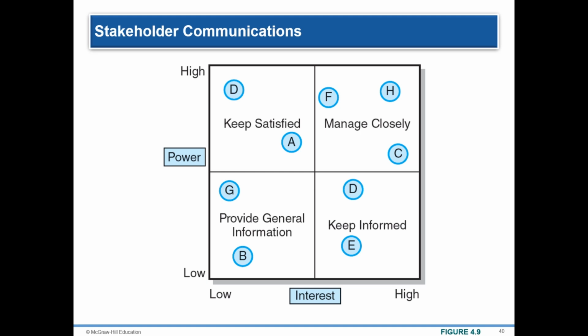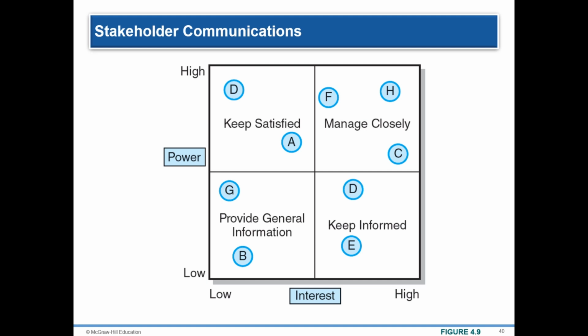So for high power, low interest, which is A and D stakeholders, these stakeholders have significant power to influence the project but are not highly interested in the day-to-day operation. So the goal is to keep them satisfied by providing just enough information to keep them content without overwhelming them with too much unnecessary information.